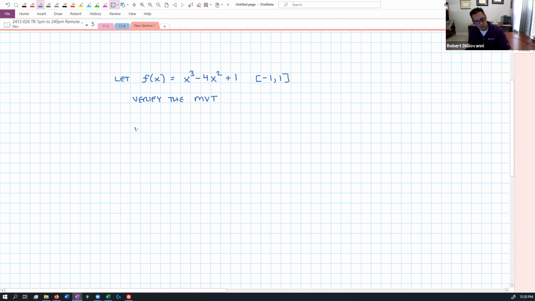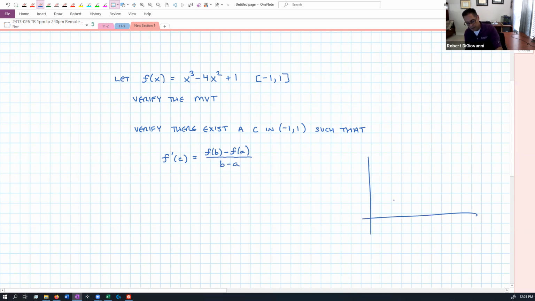In other words, I want us to verify that there exists a number C inside of that interval such that when we look at the derivative at that point C, it should be equal to the slope of that secant line, f of b minus f of a over b minus a.